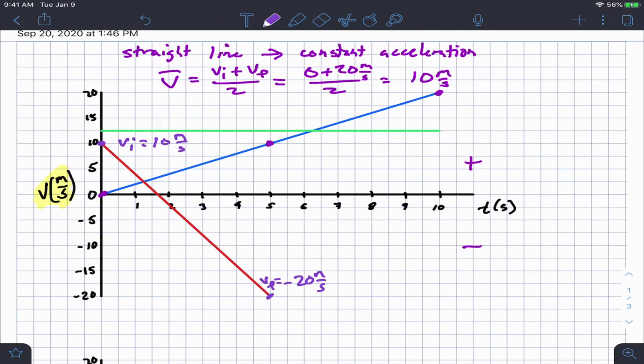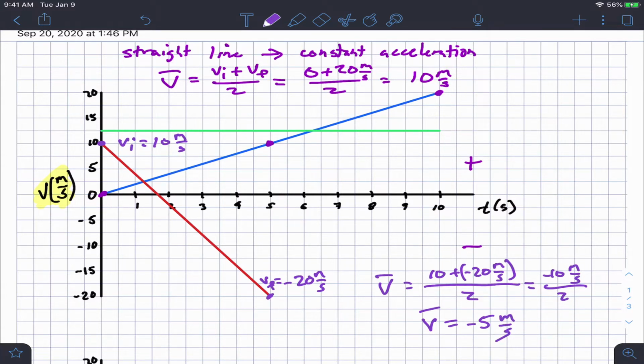All we have to do is find the average between those two. So the average velocity is 10 plus negative 20 divided by 2. Well, 10 plus negative 20 is negative 10, divided by 2, and we get an average velocity of negative 5 meters per second. And that's exactly halfway between those two.